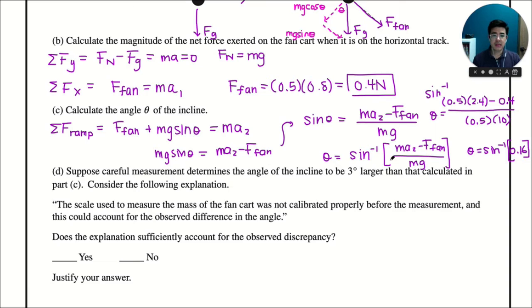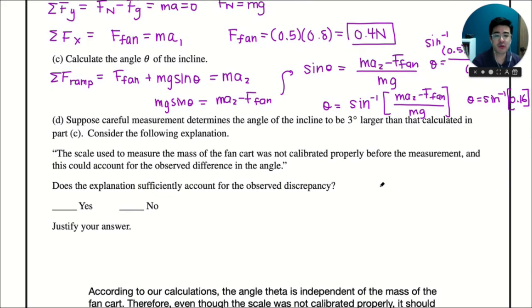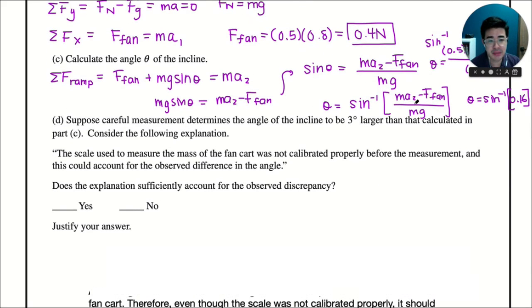So in solving for the angle, it's important that we left it that way before plugging in numbers, so we could kind of see the relationship. And remember from part B, it said the force of the fan is equal to ma1.